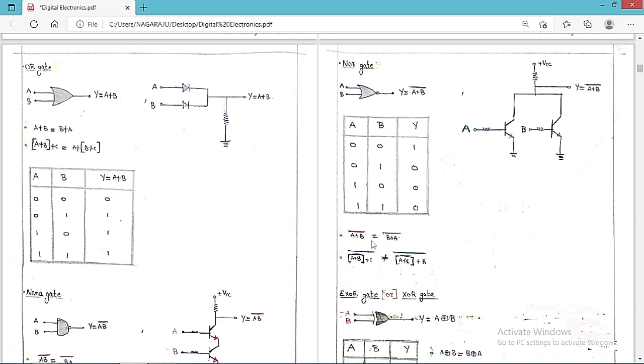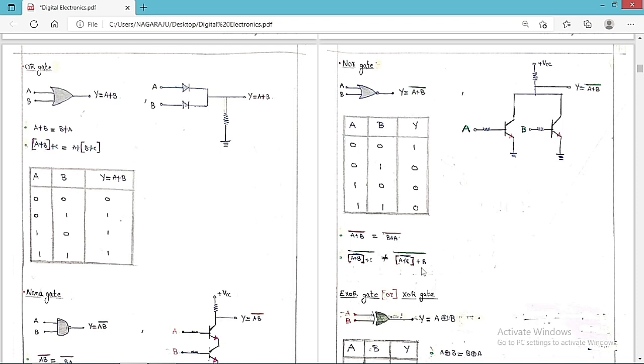Now (A or B) whole bar is always equal to (B or A) whole bar. Even if you interchange A and B, you are going to get the same output. So the commutative property has been satisfied. Now we'll see the associative property. (A or B) whole complement or C, whole complement, is not equal to A or (B or C) whole complement.